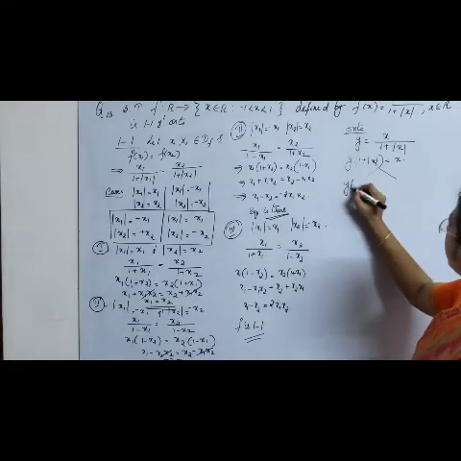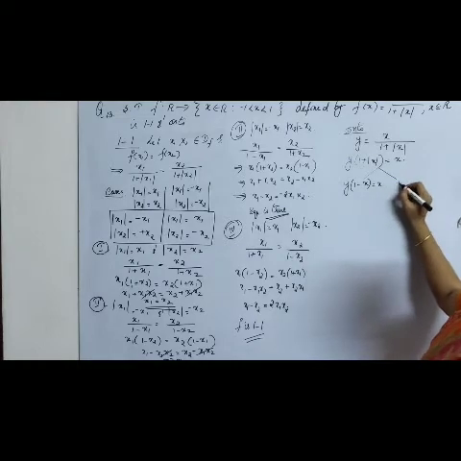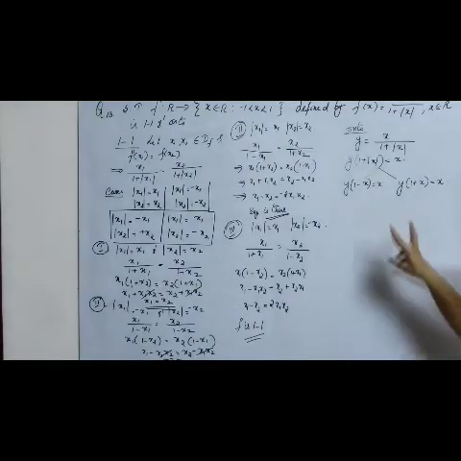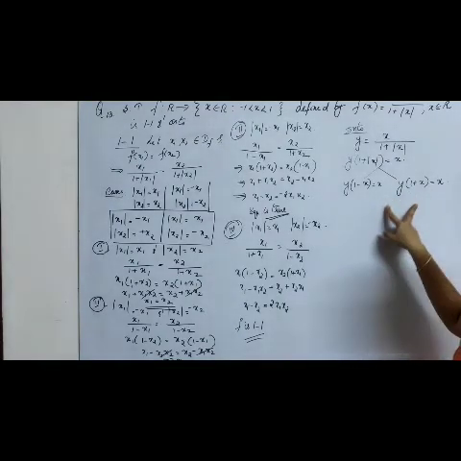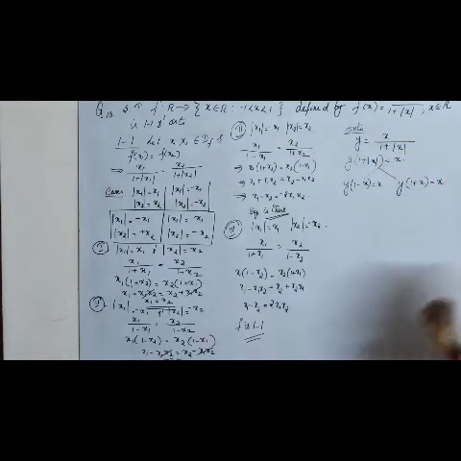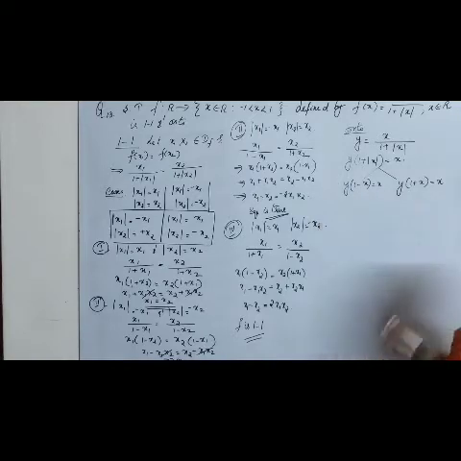That is y into 1 minus x is equal to x and y into 1 plus x is equal to x. This is how I get two conditions here, or two cases here, that is mod x being negative and mod x being positive.